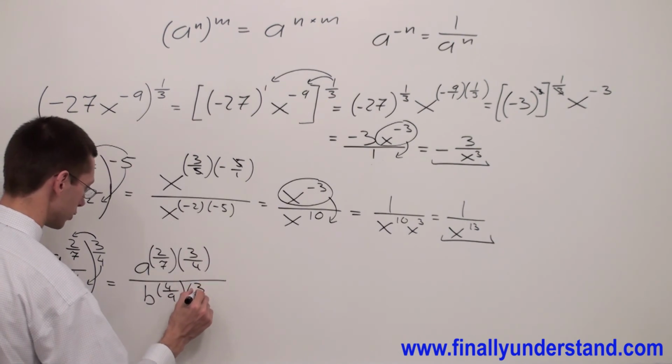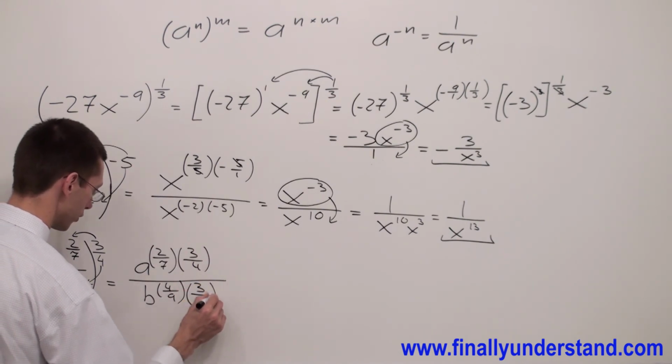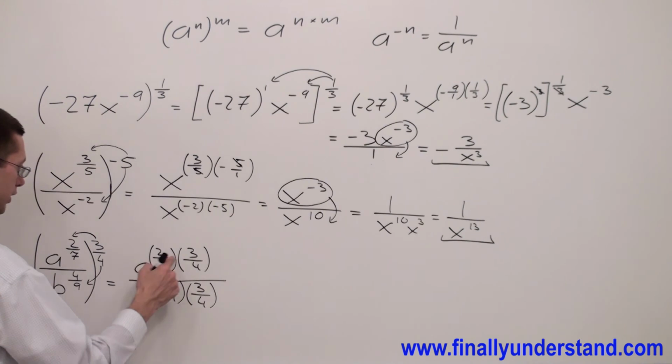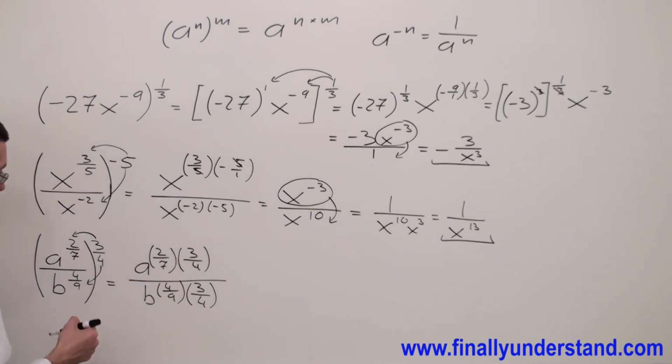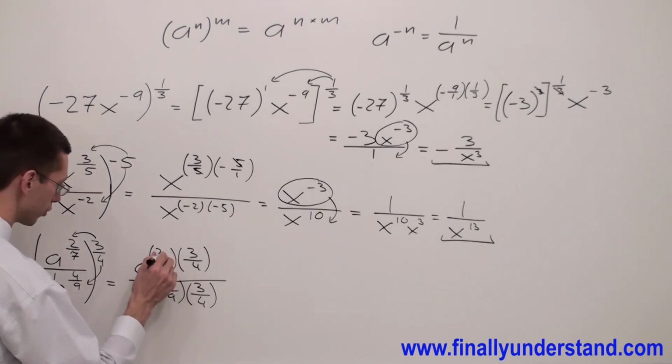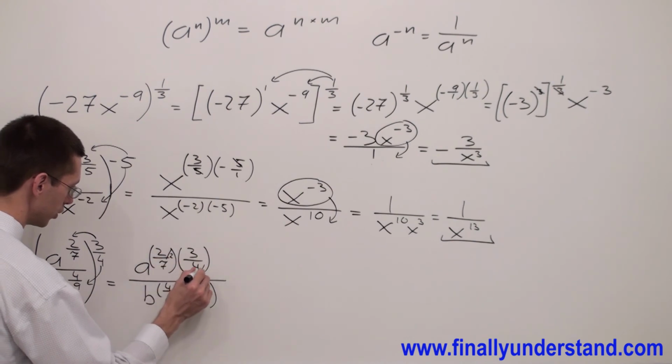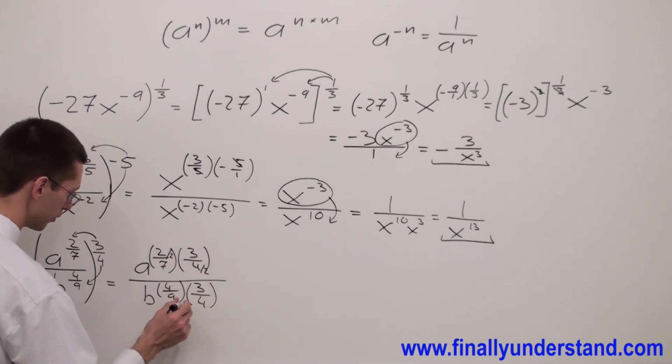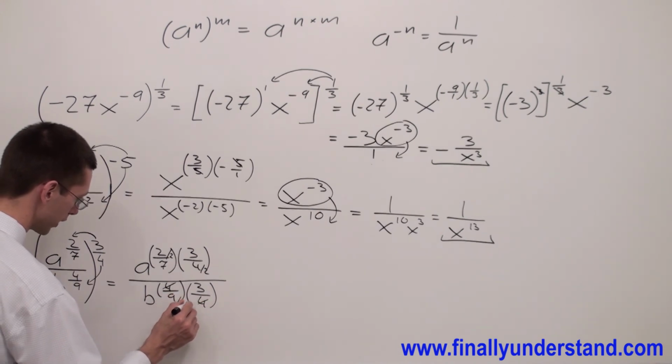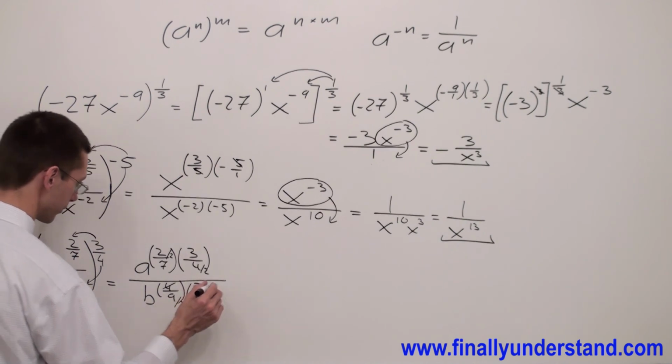Because I have multiplication, I'm supposed to check if I can reduce something. 2 and 4, both of them are divisible by 2. 4 and 4 cancel out each other, and I have 9 and 3, both of them are divisible by 3.